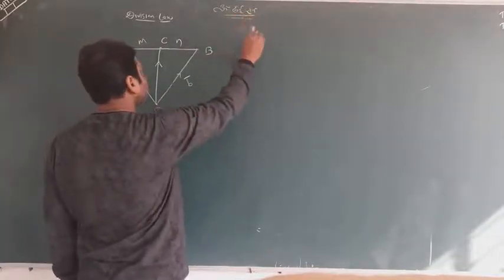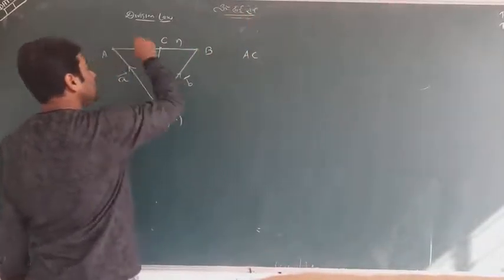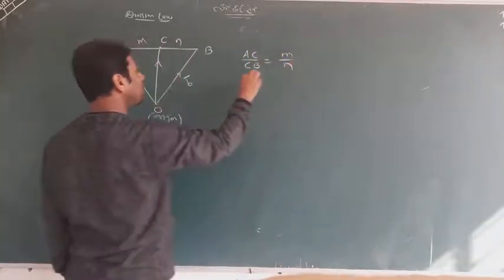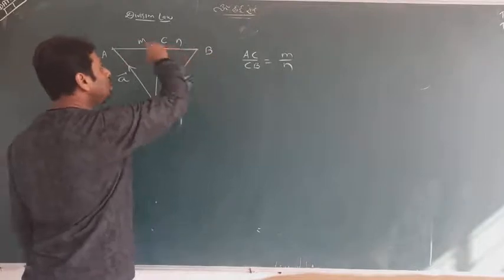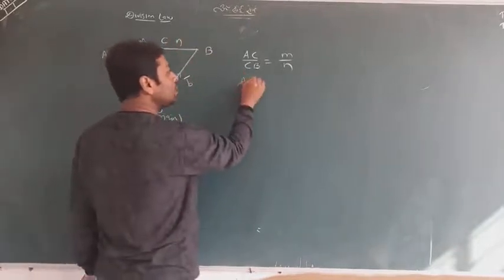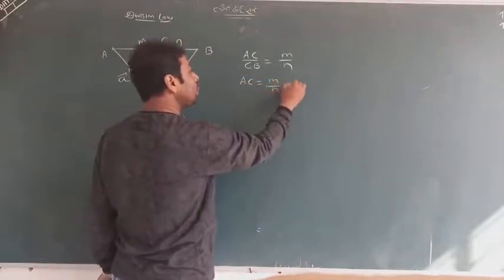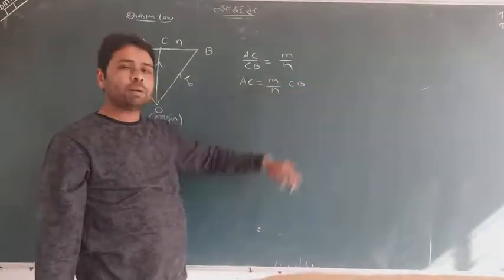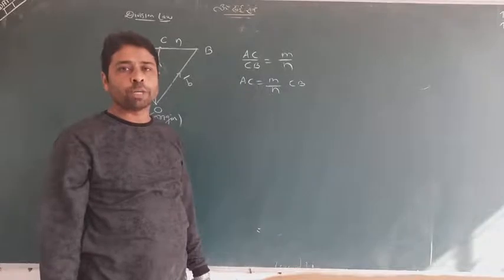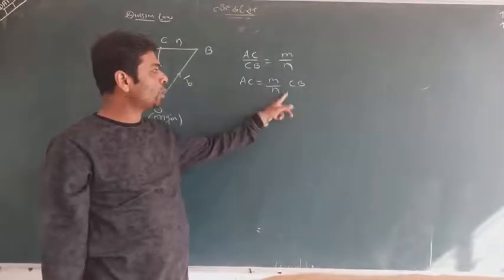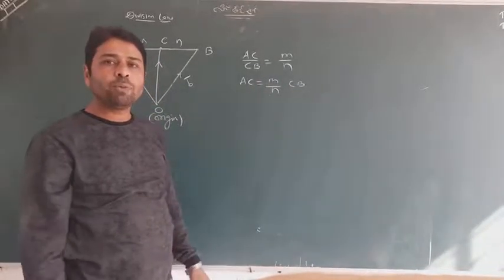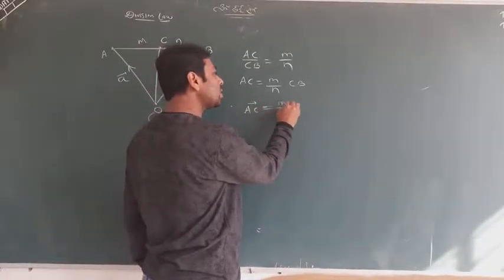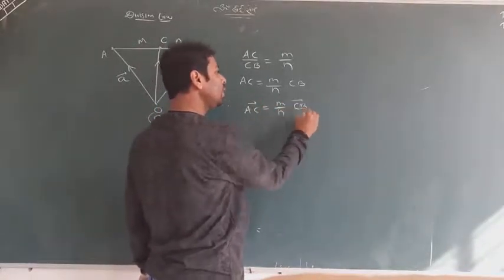Look at the situation. I tell you one thing. Can you see? AC upon CB is equal to m is to n. So AC equals m upon n times CB. I didn't use the vector here because these are in mod, the distance AC equals m upon n times the distance CB. If I use a vector, it is still not wrong. Why?